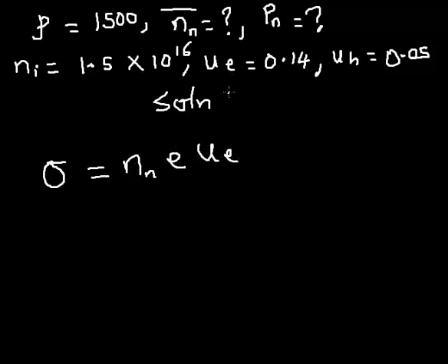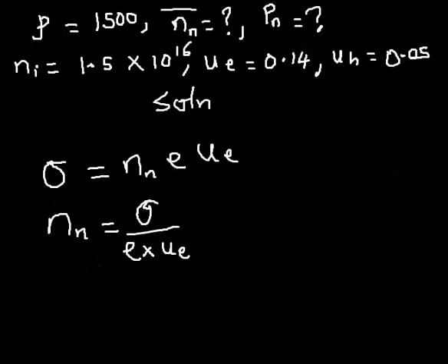We have all these parameters, so it is easy enough for me to get this. That's going to be equal to conductivity divided by electronic charge, then multiplied by the mobility of the electron.